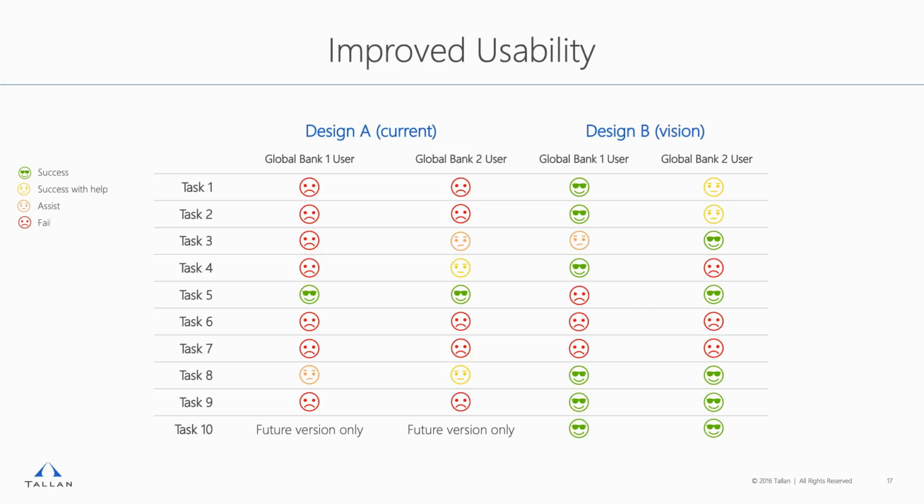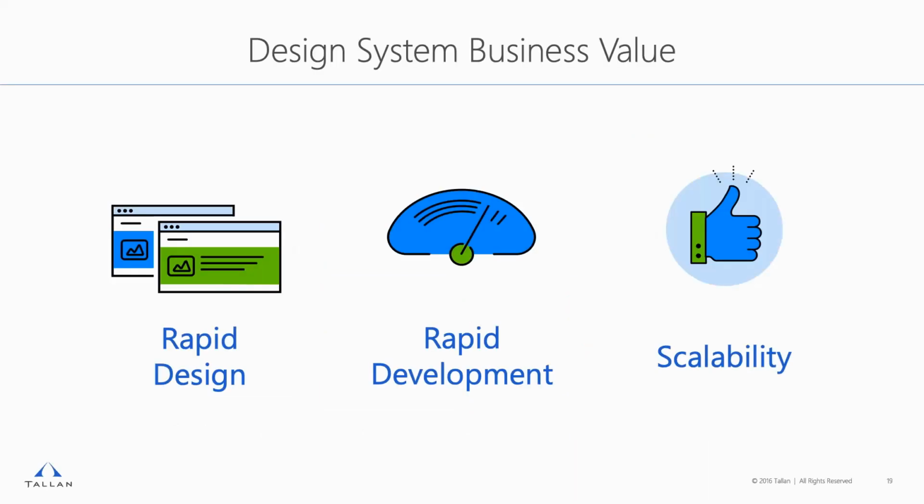So speaking of resources, let's talk about how design systems can help product development work more efficiently and what that business value actually is. Design systems create an optimized environment for product development. They allow for quicker prototyping by using reusable design assets, and faster development time by developing the components and their respective behaviors once and then reusing them in a code library.